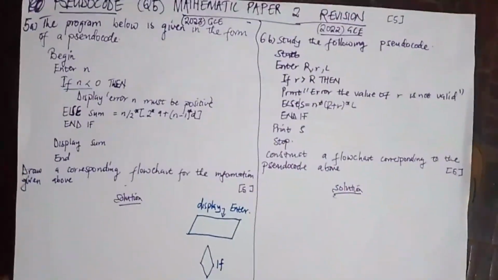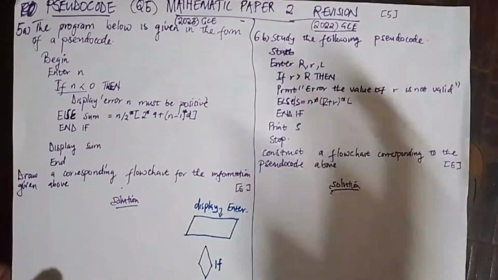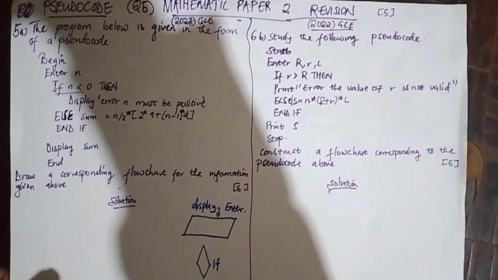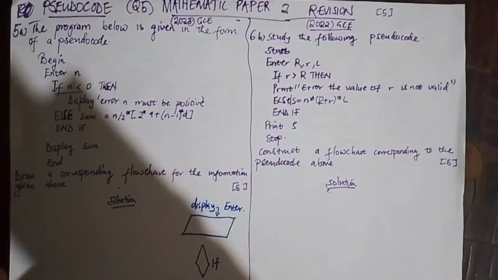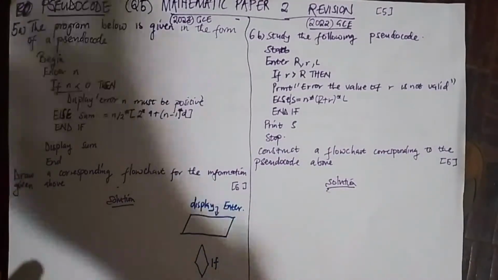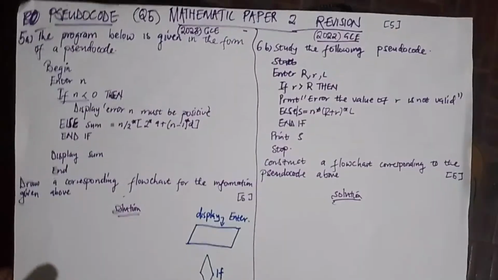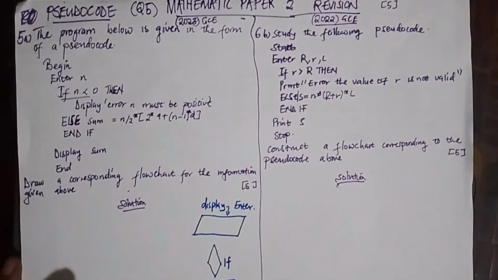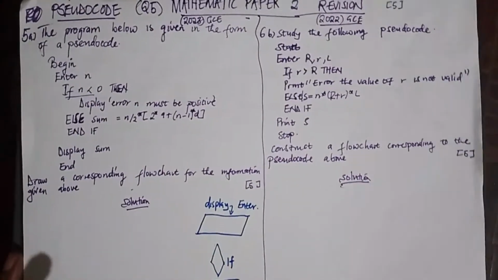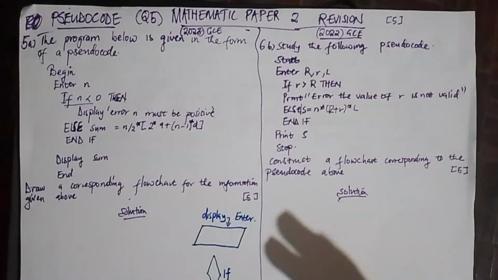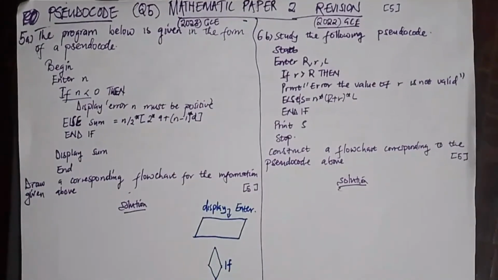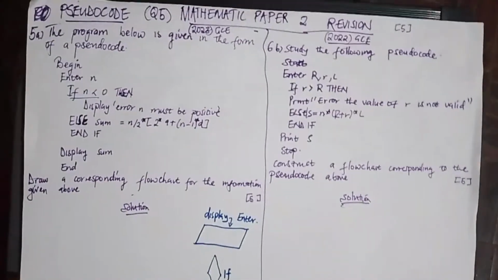Yeah, so now that we have understood the shapes, we are going to try and solve the question. The first thing you need to know is what shape to draw.